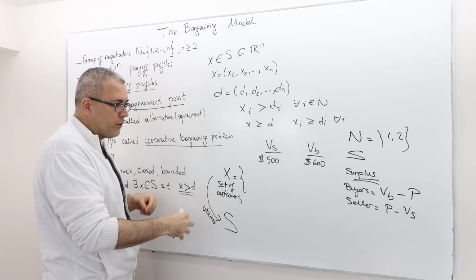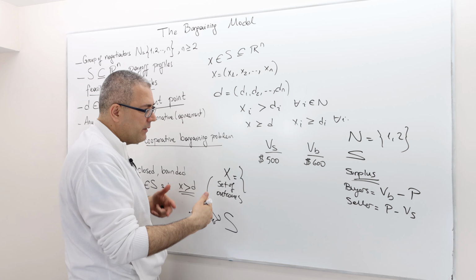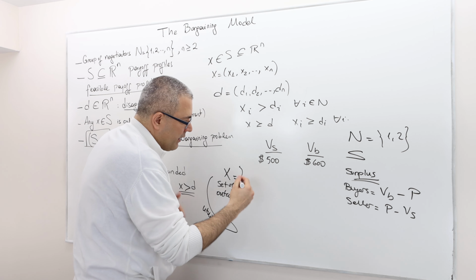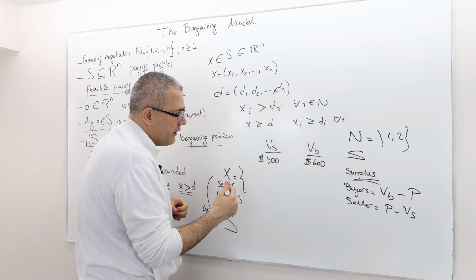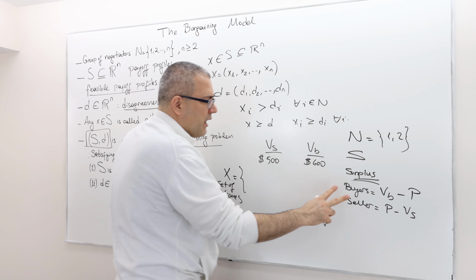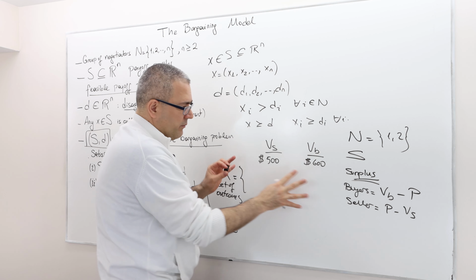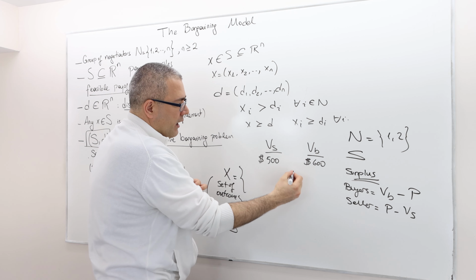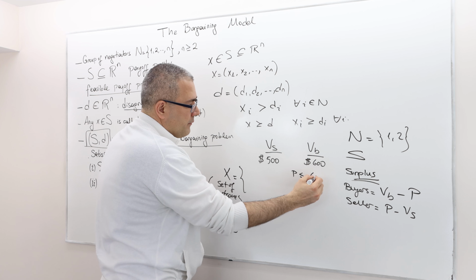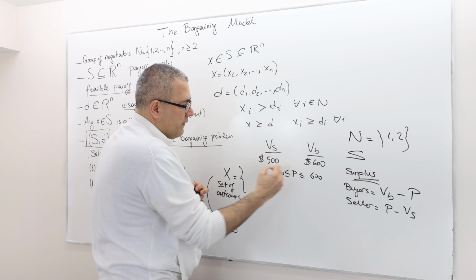So how do we define the outcome? Well, we define the outcome by, I don't know how to denote it, but let's denote it. By the way, as we just argued, the price can be 600 or less than 500.